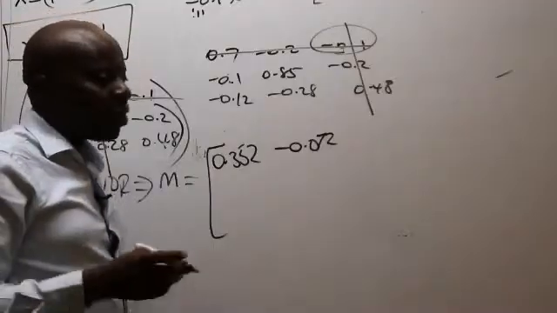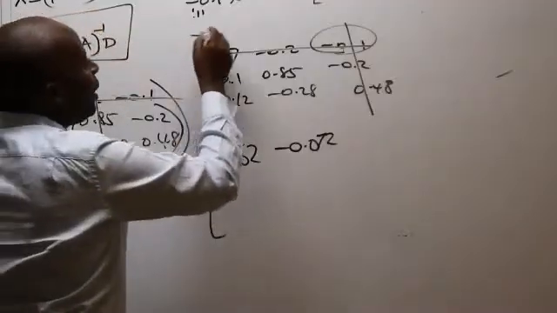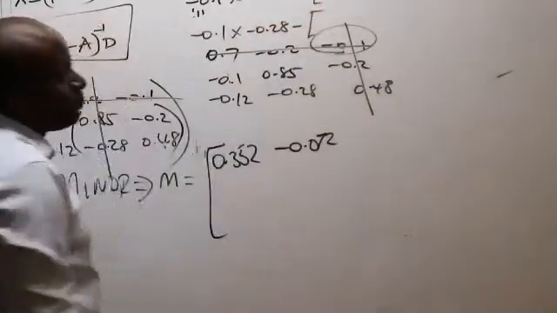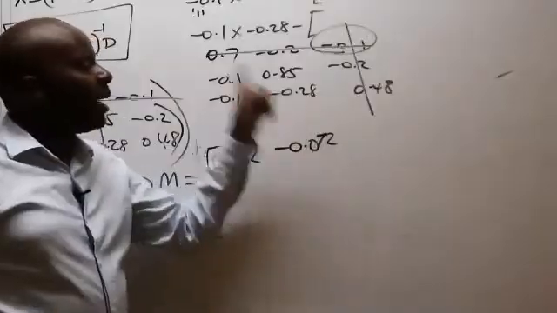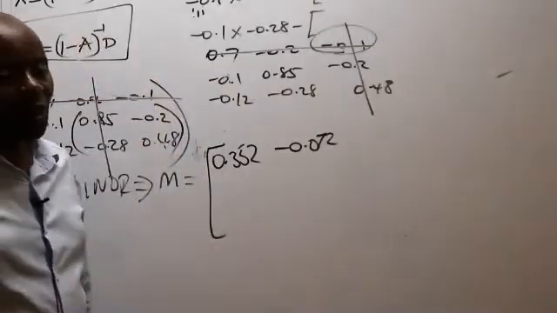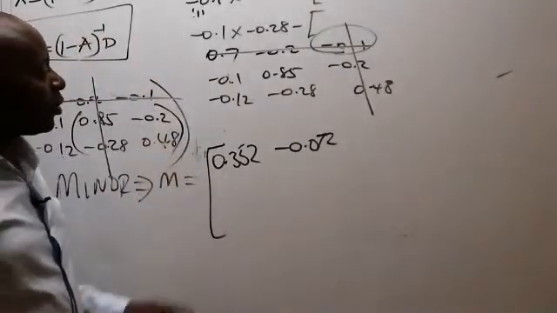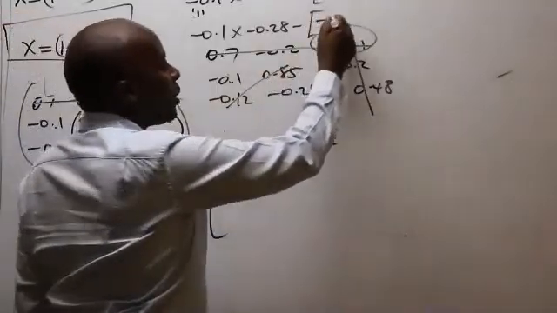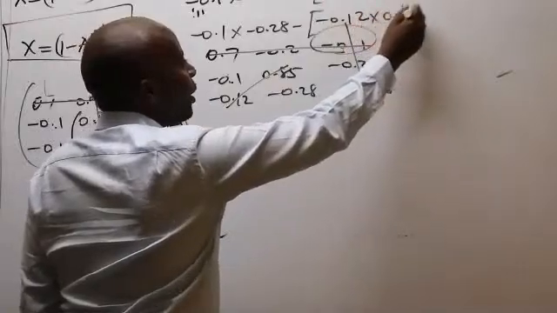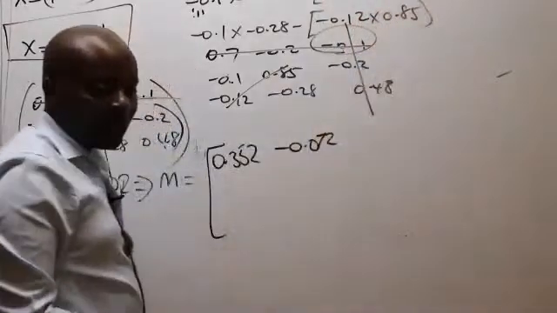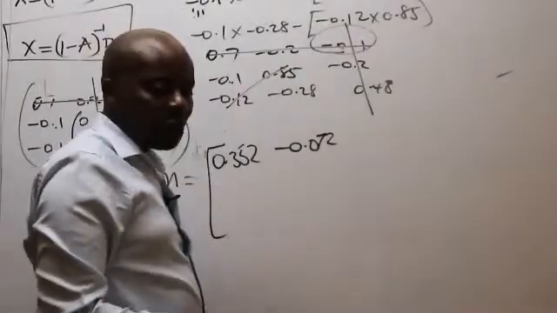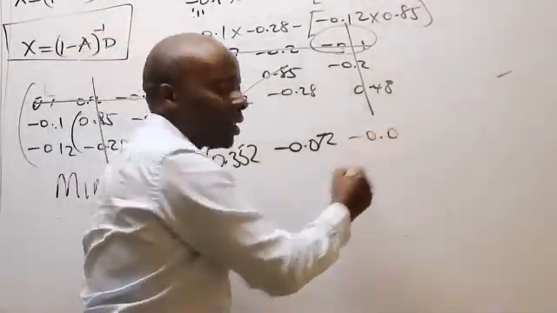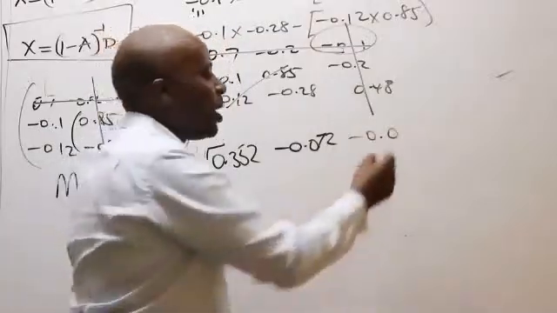So you're saying here, it is minus 0.1 times minus 0.28, minus, because I've taken this and this, open brackets here for our secondary. Our secondary is now this, so it will be minus 0.12 times 0.85. Could you kindly confirm, according to what Kadra has given us, whether you'll get negative 0.074.